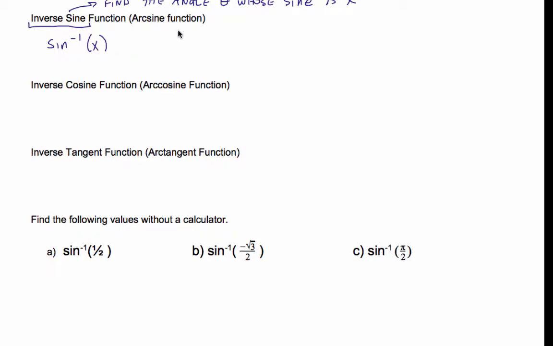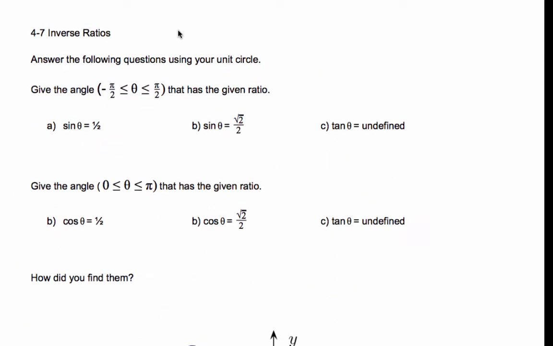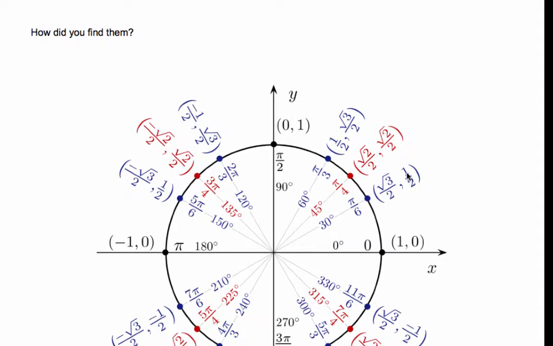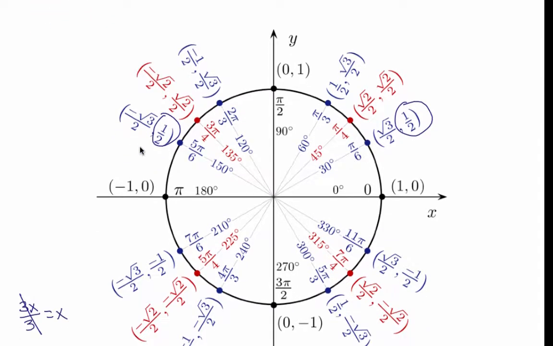If we look up here for a second at what you were doing, as a review, it says give the angle between negative pi over 2 and pi over 2 that has the given ratio. The sine is equal to 1/2. When I look on my unit circle, where's my sine? Those are my y coordinates. Here's one whose sine is 1/2, and here's another one whose sine is 1/2.